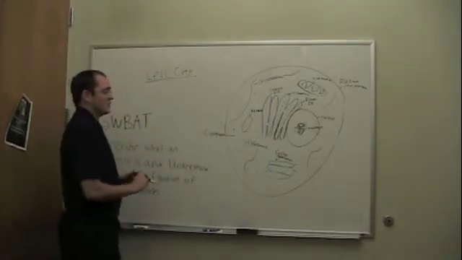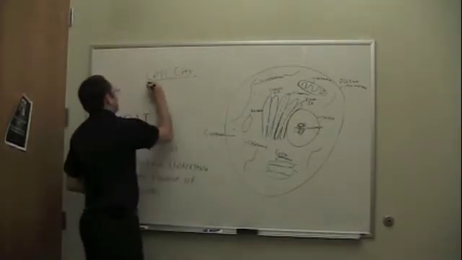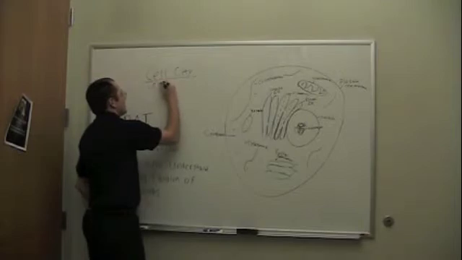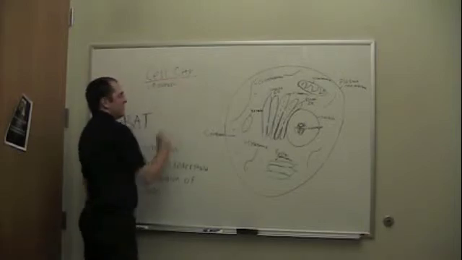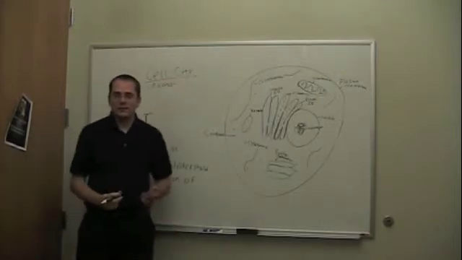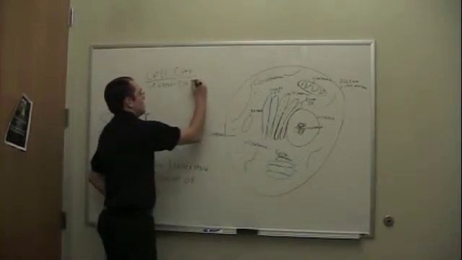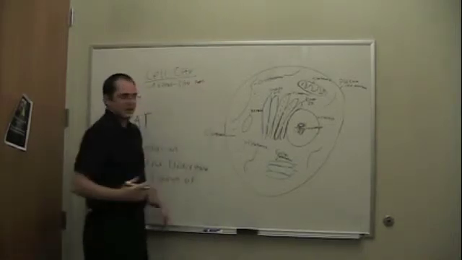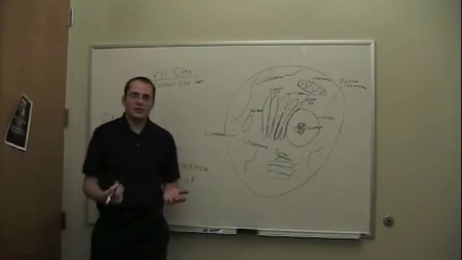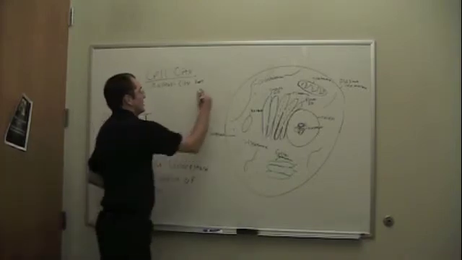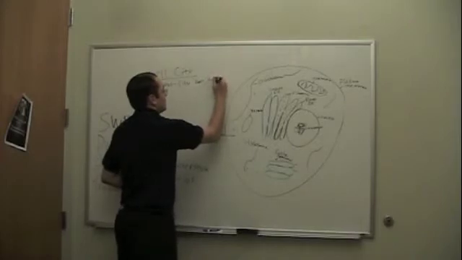So for instance, if you were doing a city and you wanted to do the nucleus, so the nucleus is the command center. And so I would consider that to be City Hall if we were doing a cell city. Now, say if you were doing a football team, that could be something like your head coach.